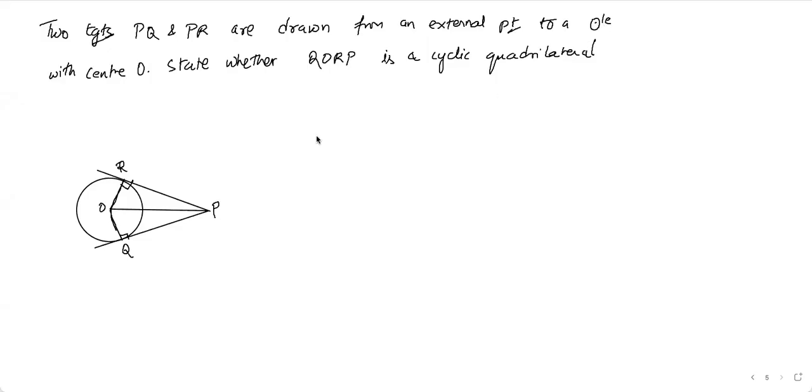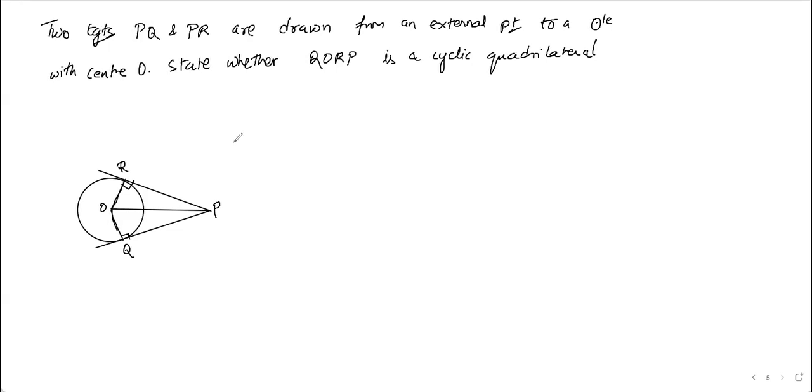Okay, let us solve this problem now. Now we know that the radius is perpendicular to the tangent, which is OR is perpendicular to PR.